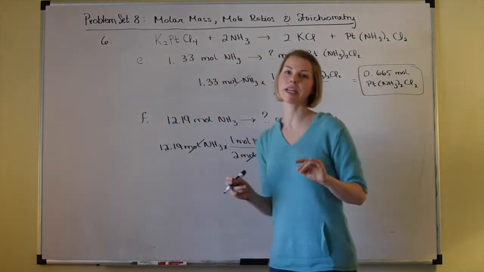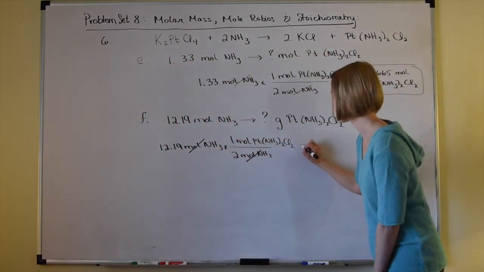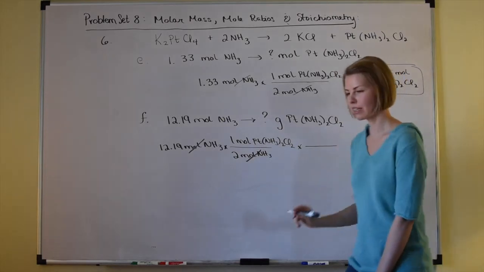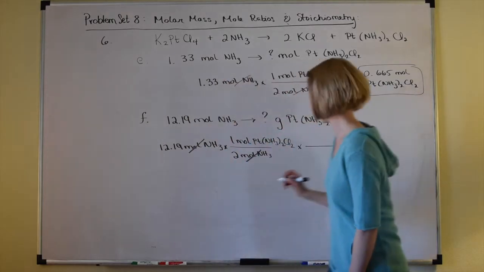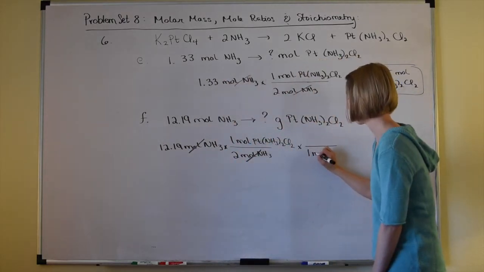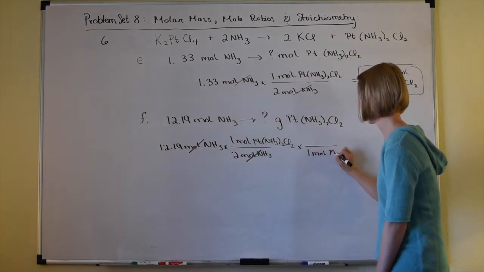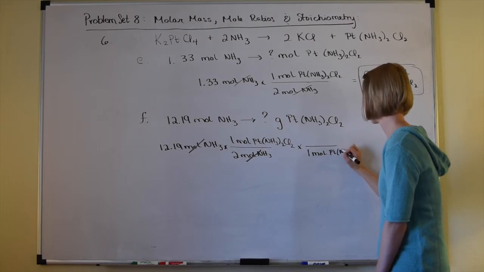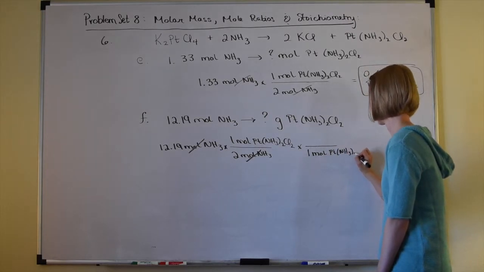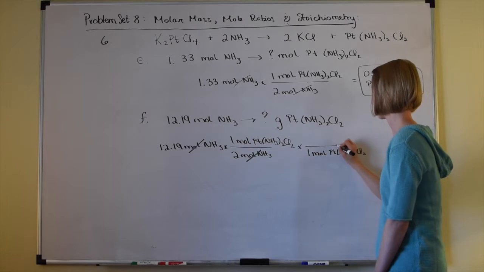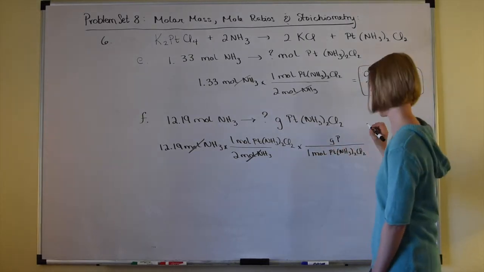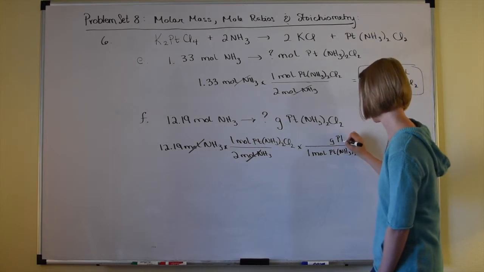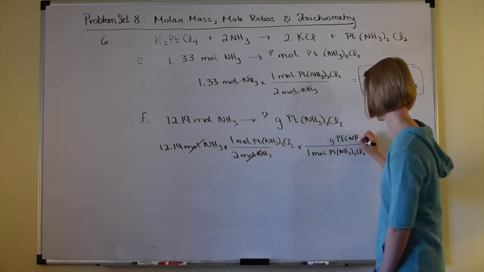We want to go all the way to grams, so we need the molar mass of the cisplatin, which, oh boy, I don't think I still have it. No, I don't still have it. We're going to have to do it again. 1 mole has a certain number of grams. I think it was 300.06, but my memory fails me a lot.